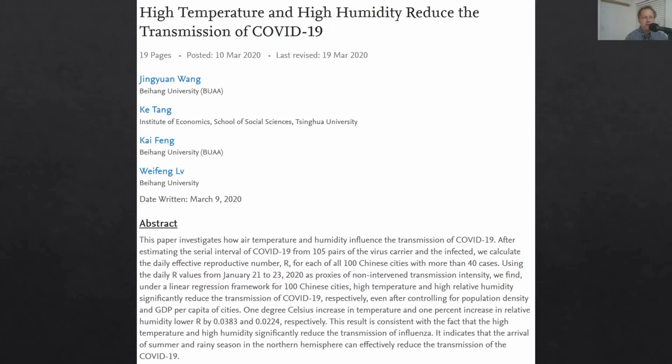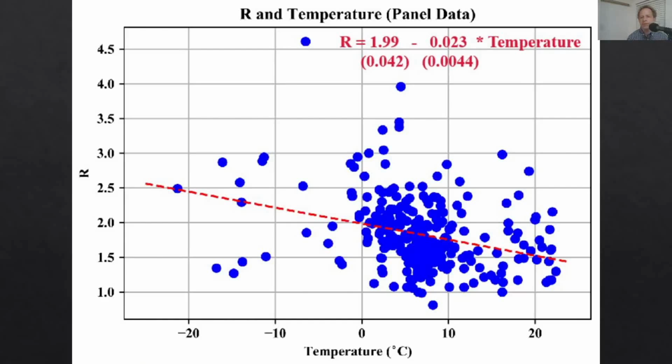So let's try and find out how this was modeled and understand how to interpret this model. So this is a key picture from the paper. And what they've done here is they've taken 100 cities in China, and they've plotted the temperature on one axis in Celsius and R on the other axis, where R is a measure of transmissibility.